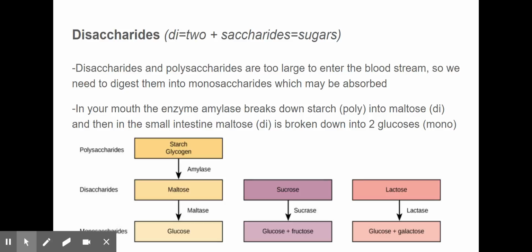There's a lot of examples of this in your body, but as soon as food enters your mouth, you start the process of breaking it down chemically. In your mouth, you have something called salivary amylase, which is an enzyme, a chemical that breaks starch into maltose. So a polysaccharide into a disaccharide.